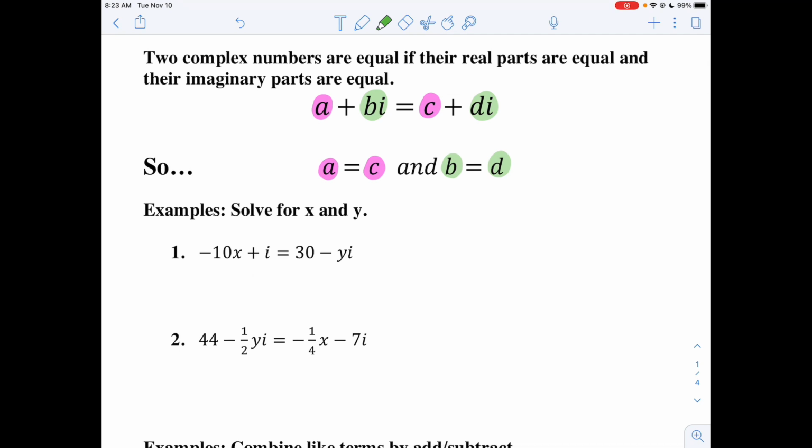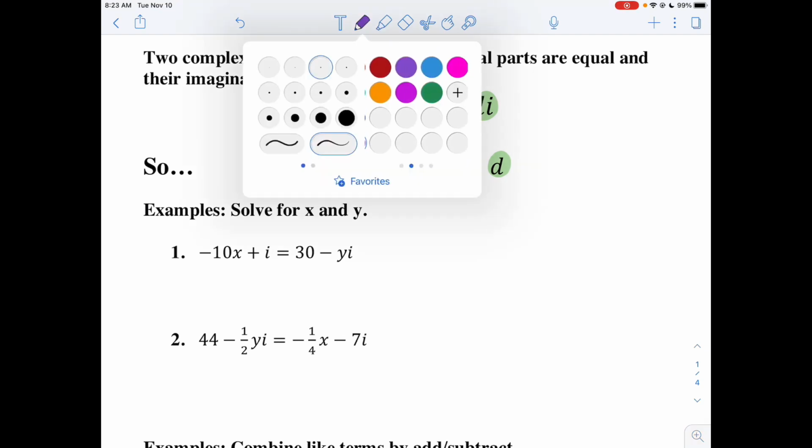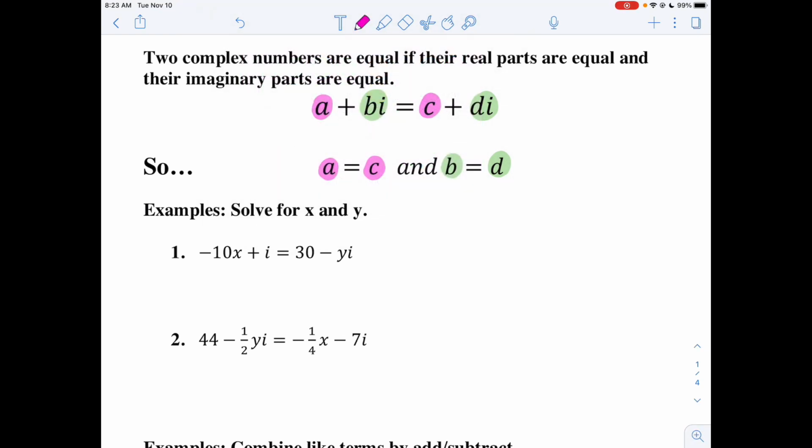This first example, we're wanting to solve for x and for y. And normally we can't solve for two variables if we only have one equation. But when we're dealing with complex numbers, we can take this one equation and break it into two equations. So I'm going to identify this as my a value and this as my c value.